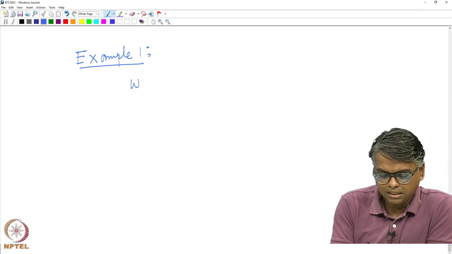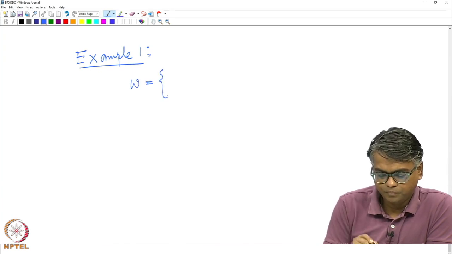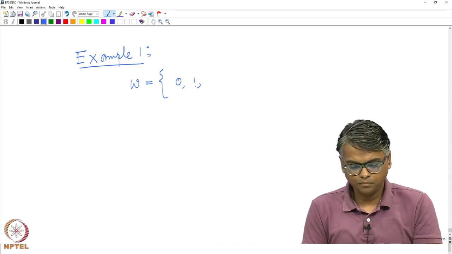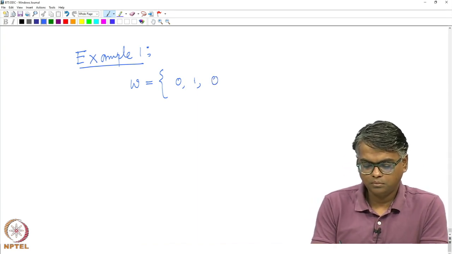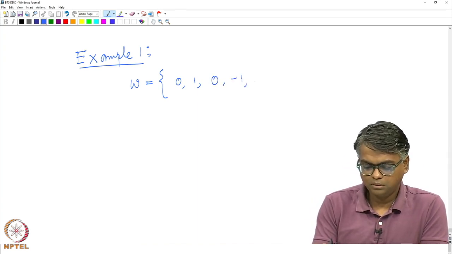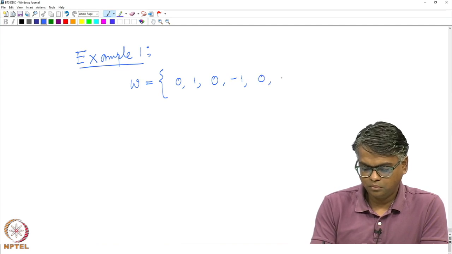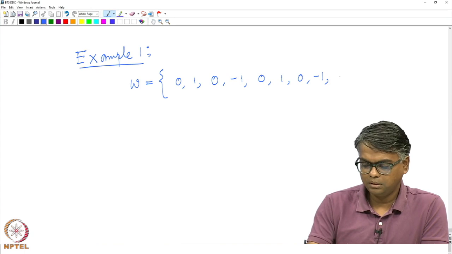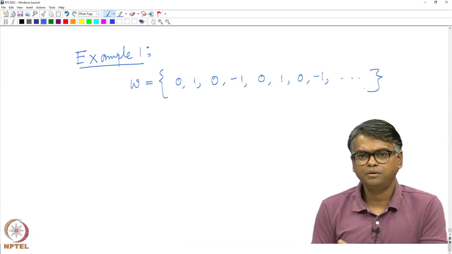Suppose the trajectory data w is given like this. It is say 0, 1, then 0, minus 1, 0, 1, 0, minus 1, like this. That is my trajectory level data.